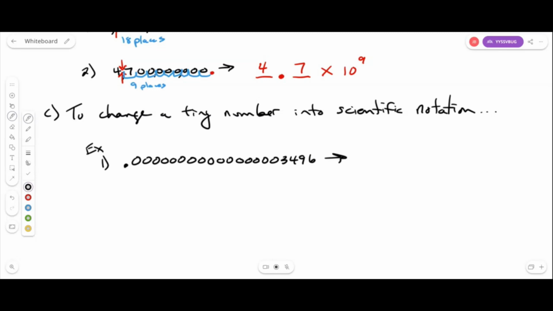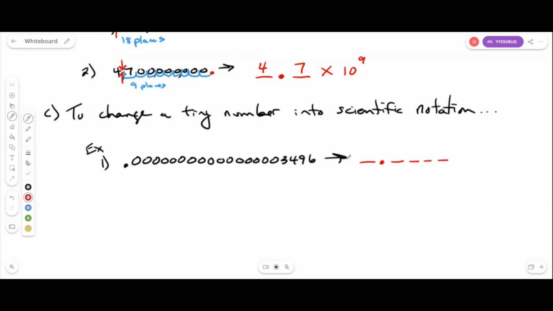Okay, so I have this number and I want to write it in scientific notation. The same process exists. I need my significant digits to be the first digit and then the digits that follow, however many that may be.